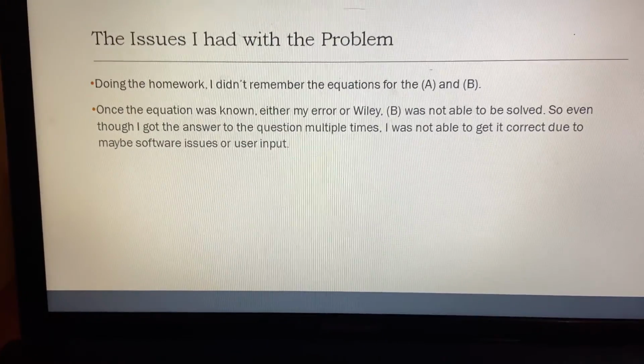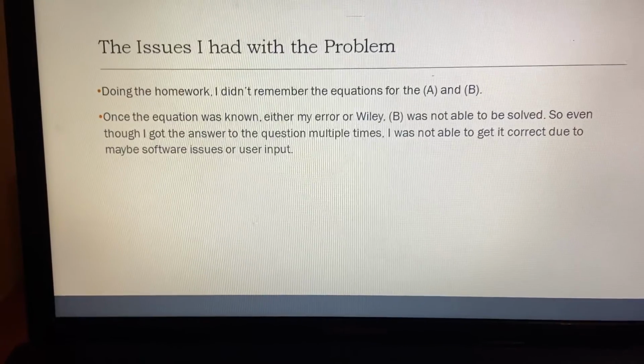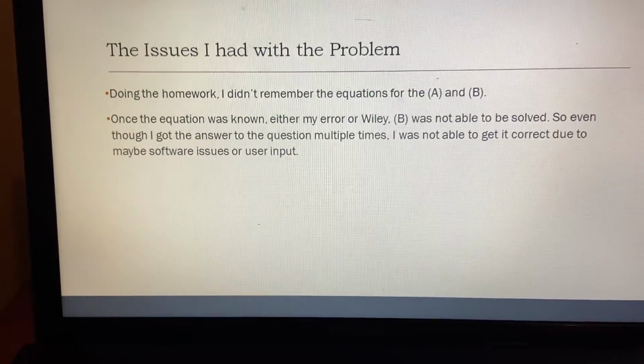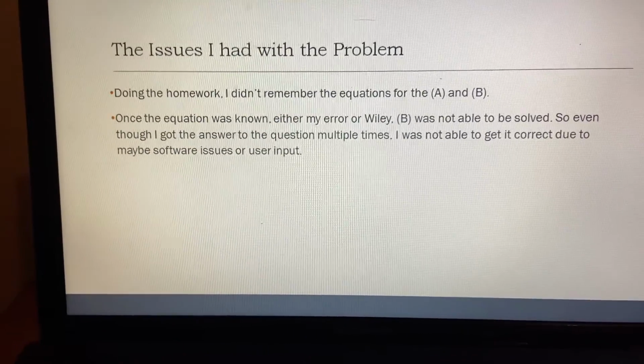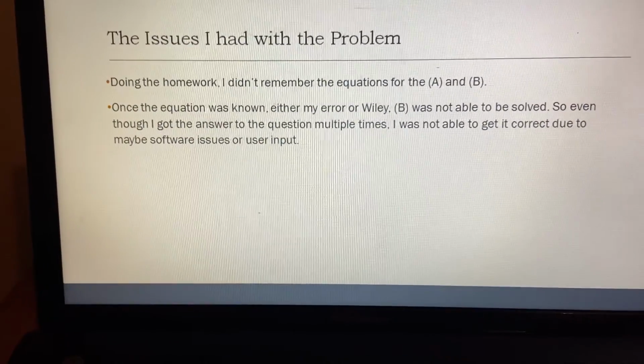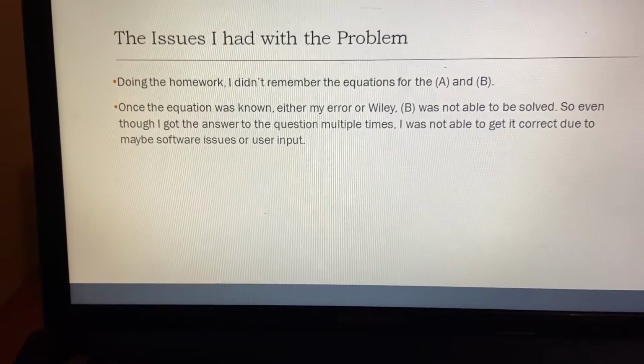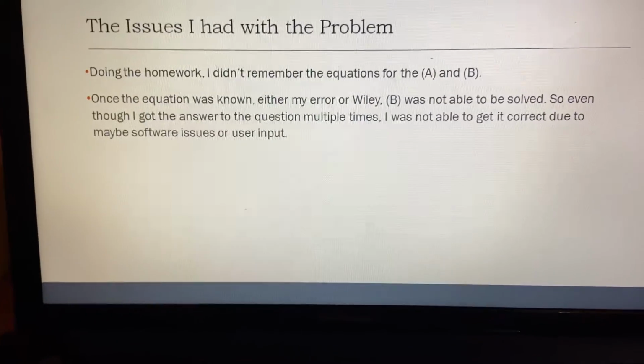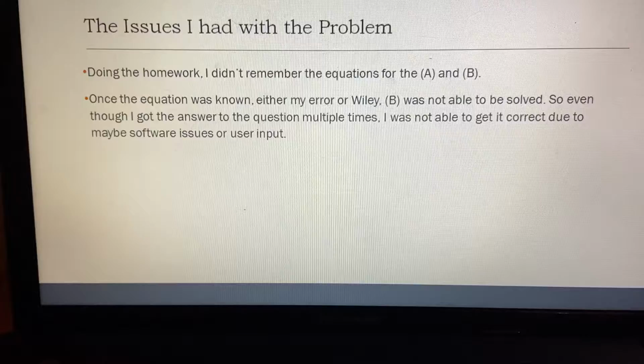So next, when I figured out said equation and started plugging in my work, I'm not exactly sure if it was Wiley Plus, the software acting up and not accepting my answer, or if it was just user input on my end.